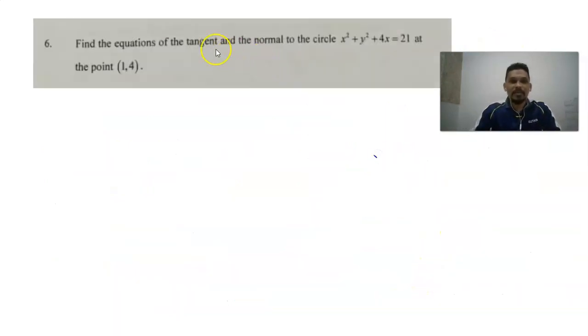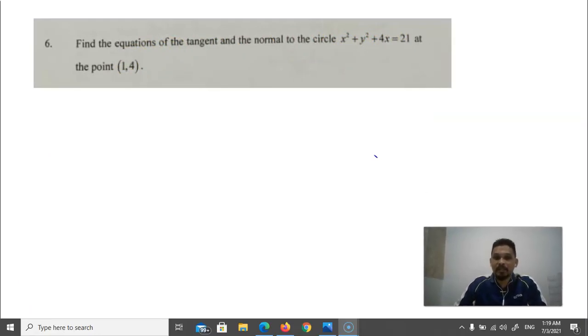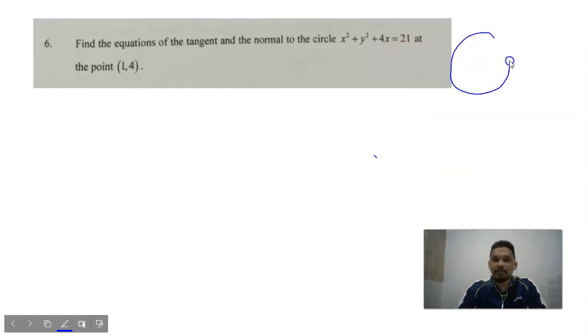Then next, find the equation of tangent and normal to the circle at the point of 1 and 4. So just imagine that there is a circle here, and there is one coordinate, for example, this is a coordinate of 1 and 4.